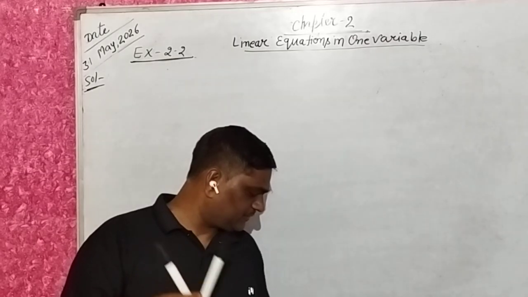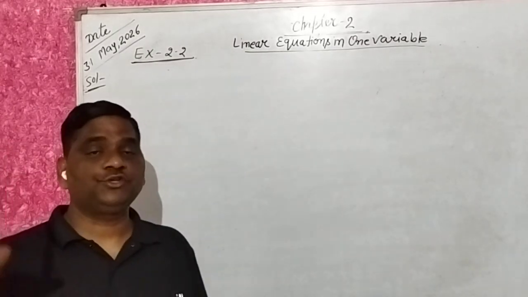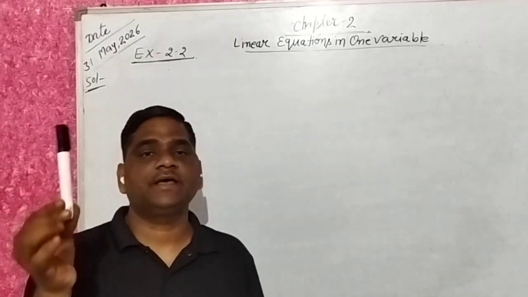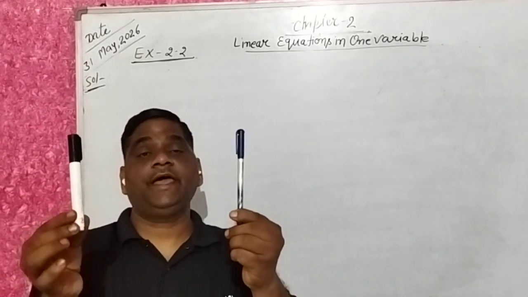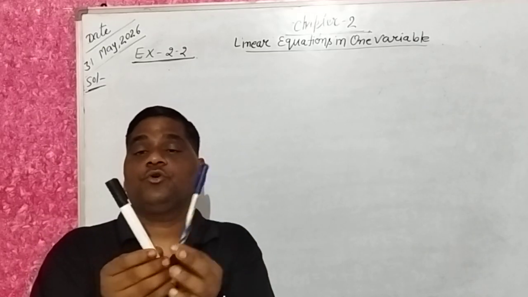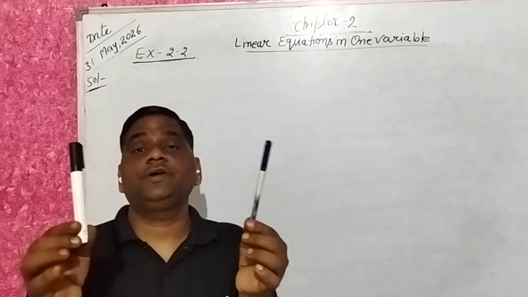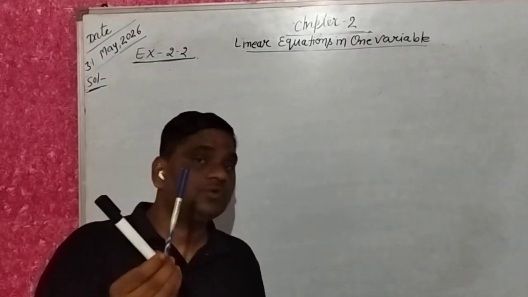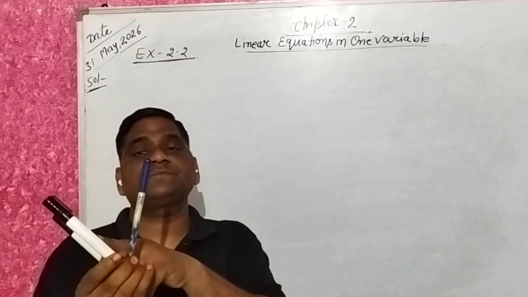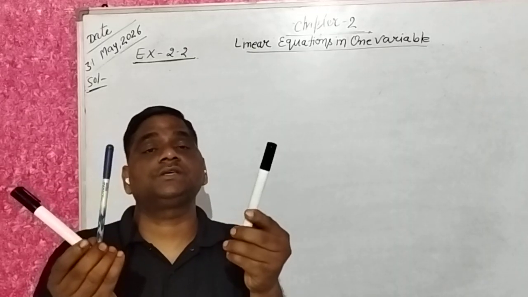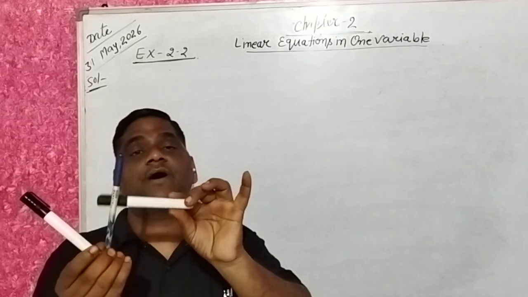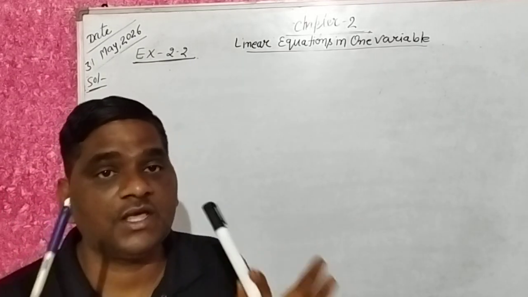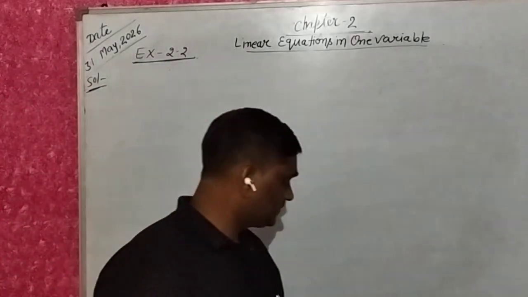What is the sum of ages? Bajin's age x years, father's age x plus 29 years, and grandfather x plus 29 plus 26 years, because the grandfather is 26 years more than the father. So what is Bajin's age?